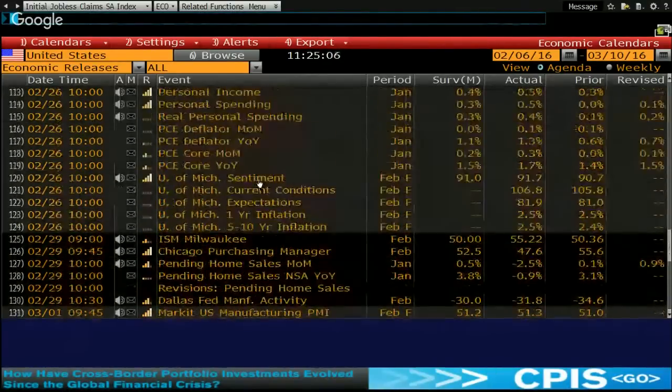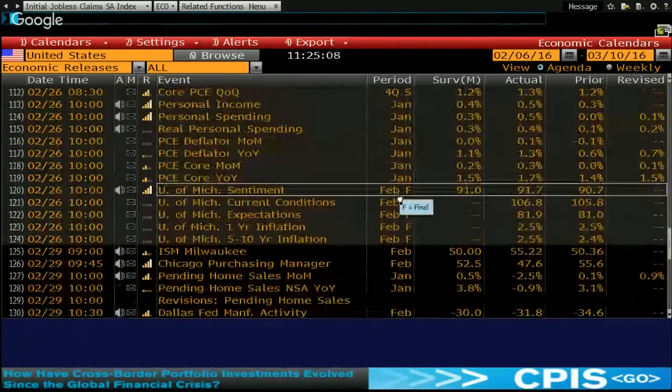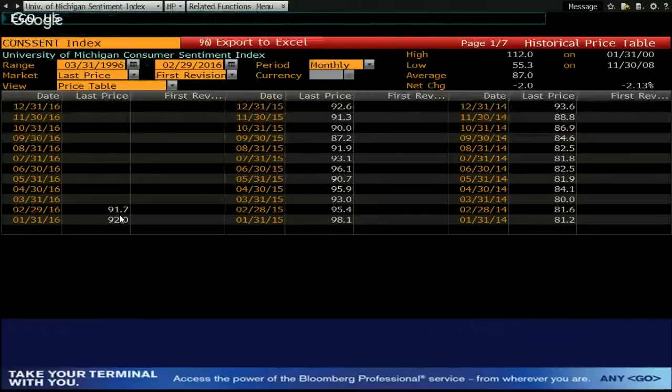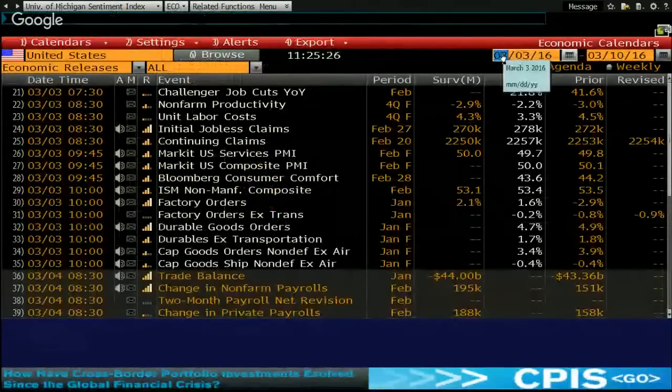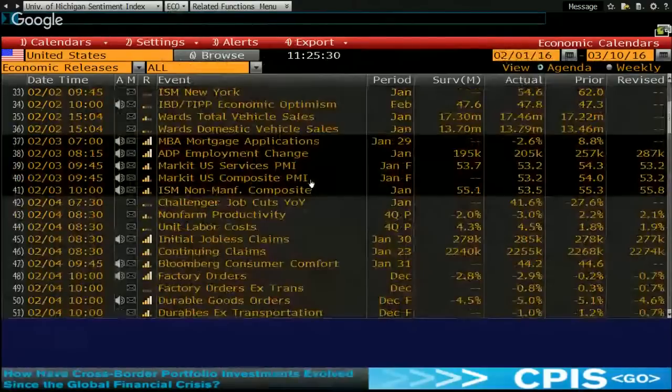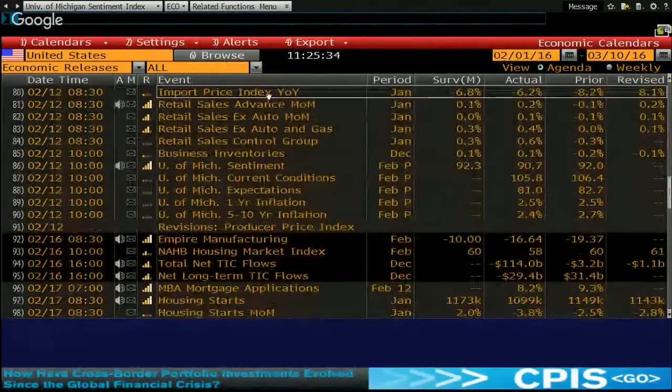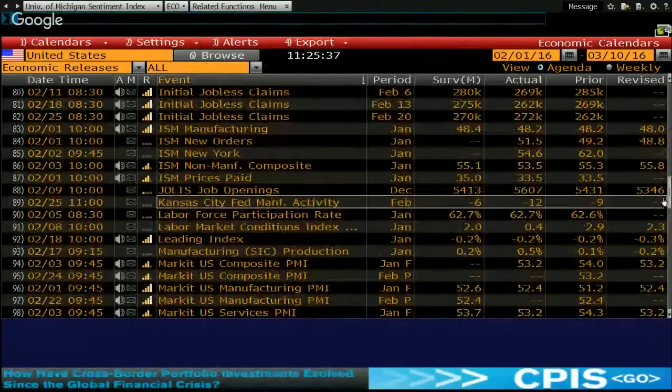Another index that we look at is sentiment, and the University of Michigan Consumer Sentiment Index basically dropped from 92 to 91.7, so sentiment deteriorated, which suggests that maybe the labor market weakened. The other number that we look at is consumer confidence. And let's take a look at the consumer confidence index. Maybe if I sort it, I'll find it faster.